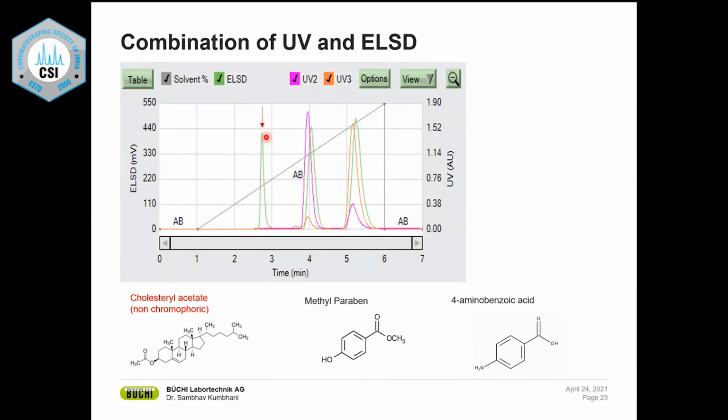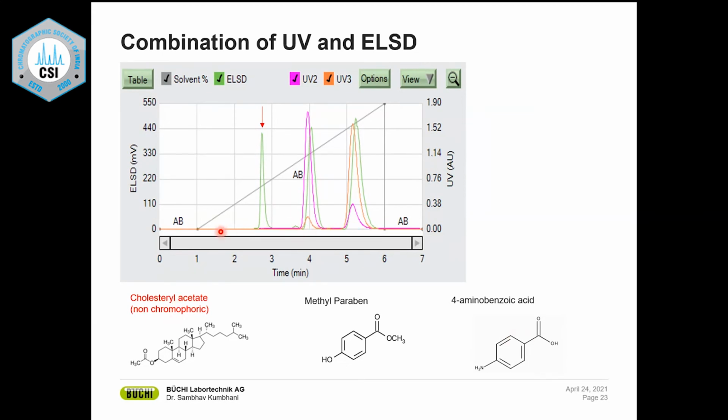The very first peak is for cholesterol acetate, and the UV yellow and orange colored graphs are completely flat here. They didn't detect anything, whereas ELSD detected it. And then moving on, the other two compounds got detected by UV and ELSD as well. You can clearly see there's a green peak behind as well. So ELSD would detect all three, and UV will detect only two of them.